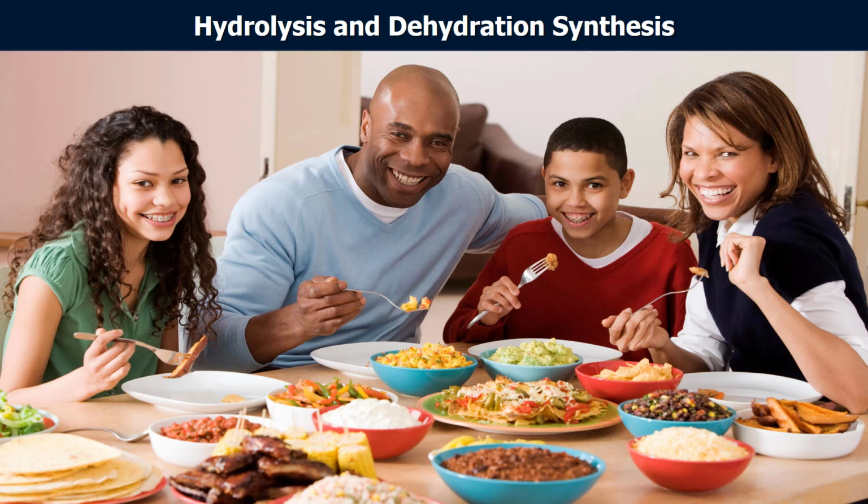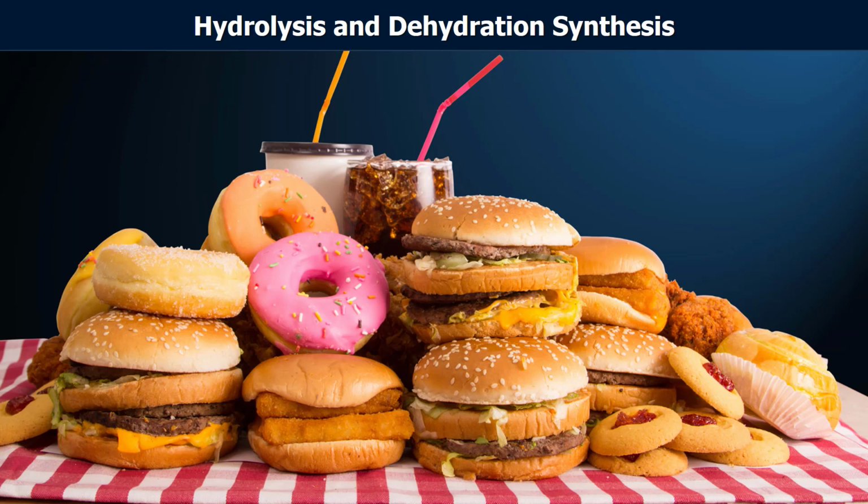So we can eat those things, disassemble them, and then reassemble them as human stuff. So you could actually put this type of stuff in your body and disassemble it by hydrolysis, reassemble it by dehydration synthesis, and you can turn that Big Mac into human hair and human muscle.